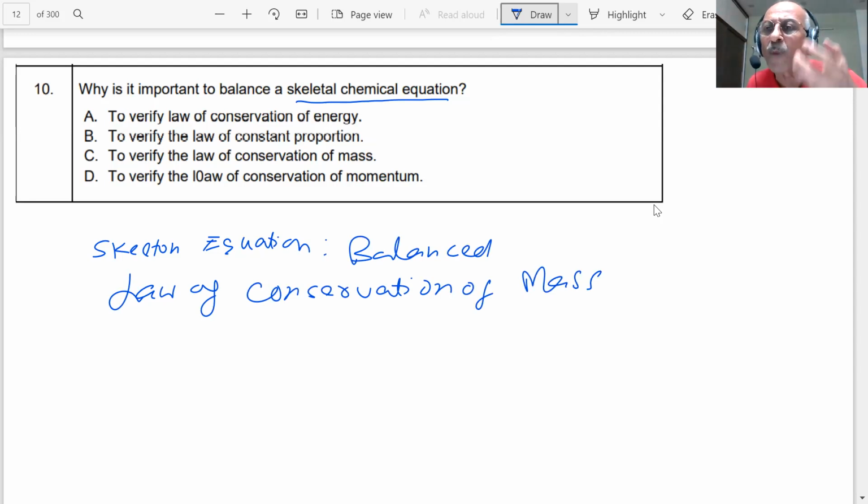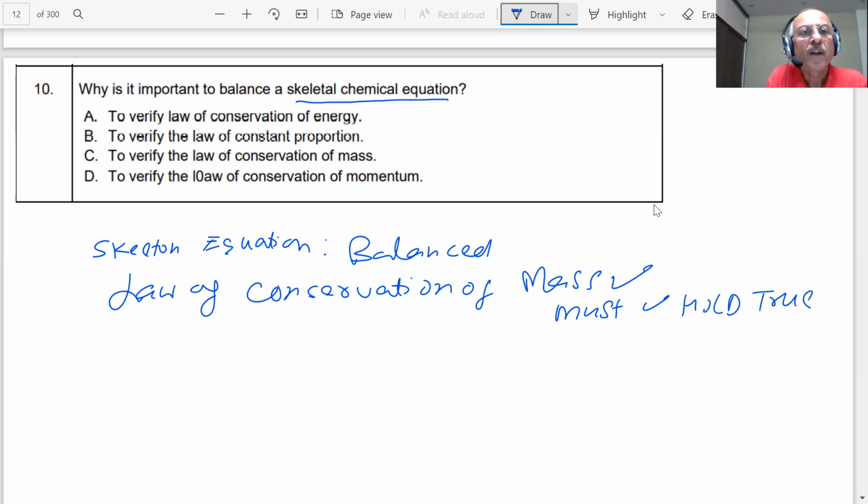The mass is due to the mass of the atoms. Atoms can neither be created nor destroyed. They are only exchanged in a chemical reaction. Therefore, the law of conservation of mass must hold true.